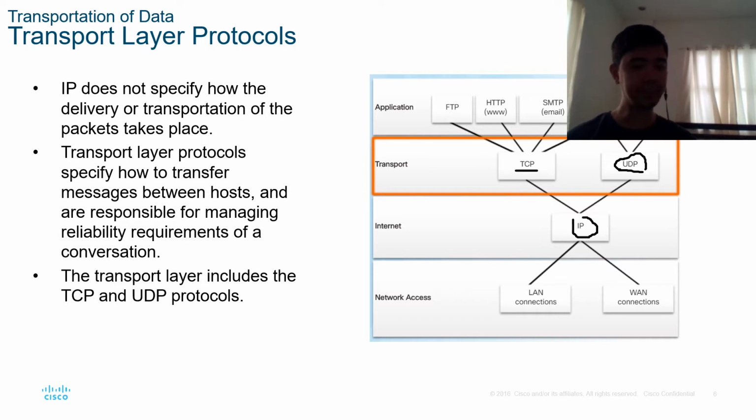Again, the transport layer specifies how to transfer messages between hosts, and is responsible for managing reliable delivery in a conversation. This reliability is actually a function of TCP, but not UDP. Take note of that. That's for TCP and not UDP.